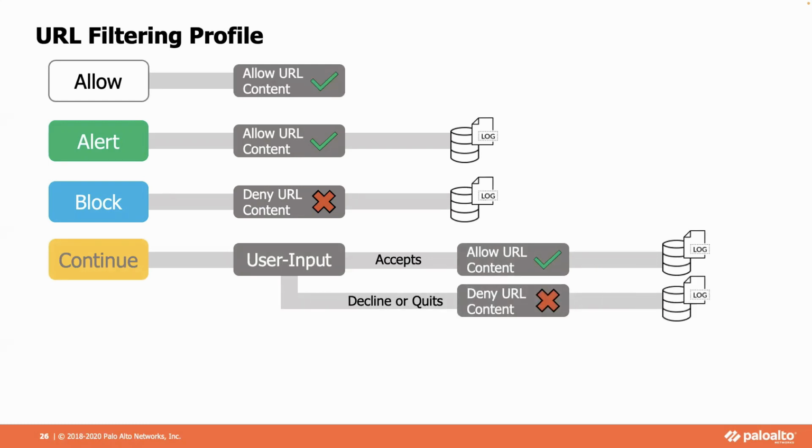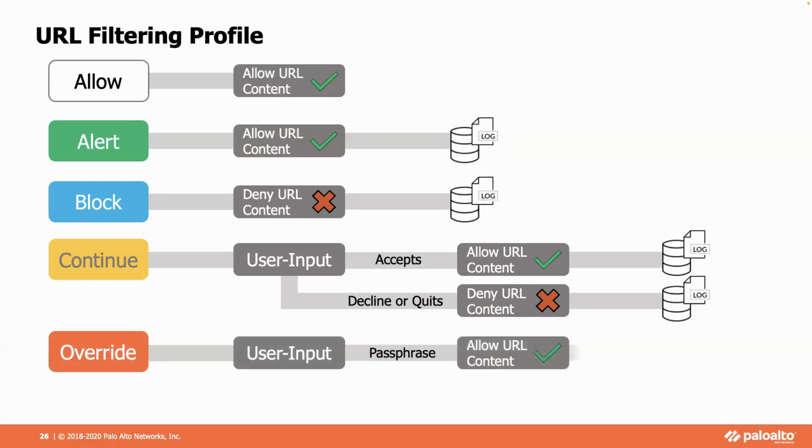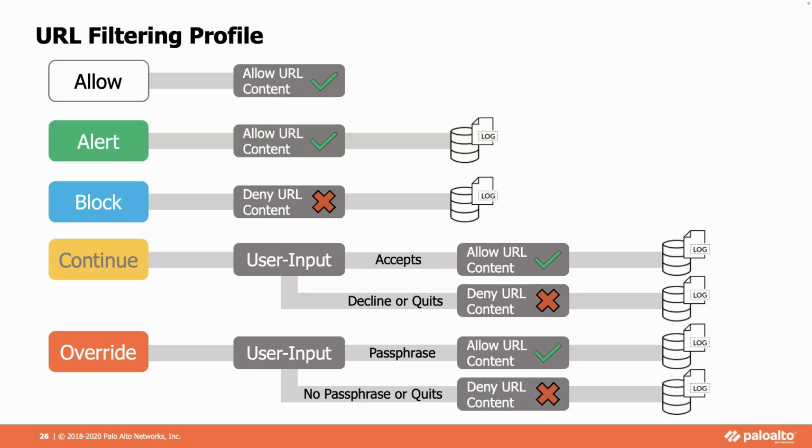We can allow stuff. We can allow but log it with the alert function. We can block different sites or different categories of sites. Now, the continue action says, hey, we're going to put up a block page, but you can get around it if you need to. And the override says, we're blocking this site, but if you've got the password, we'll let you through.